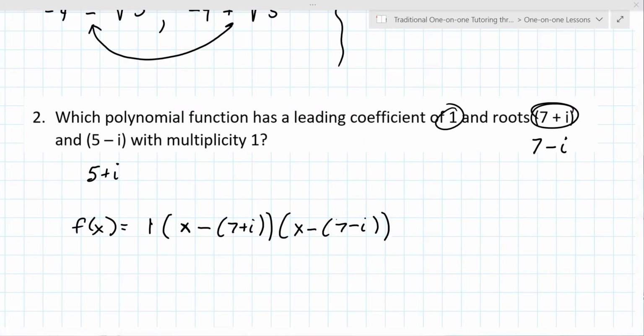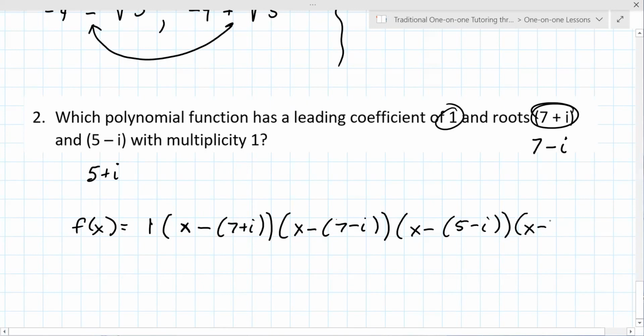Actually, your answers are written this way: x minus parentheses 5 minus i, x minus 5 plus i. Okay, it's a lot of parentheses.